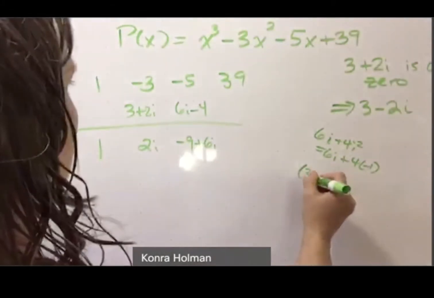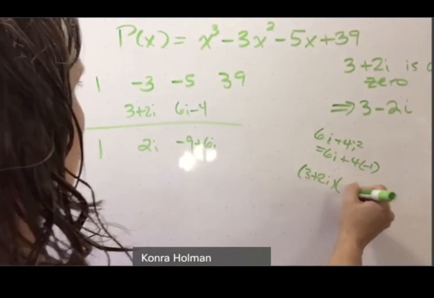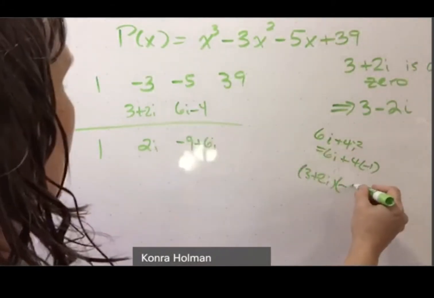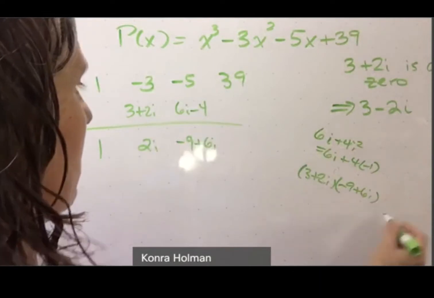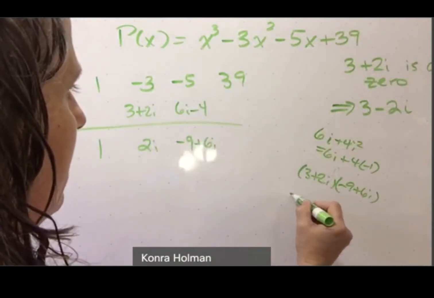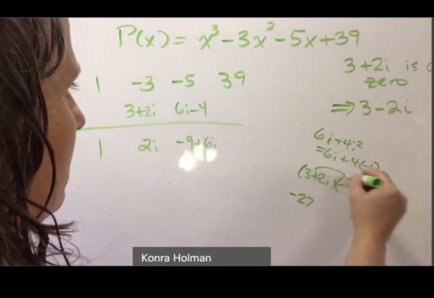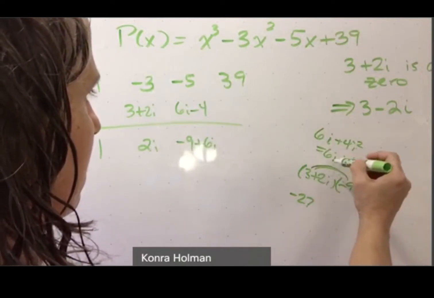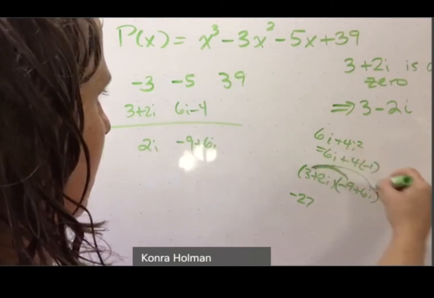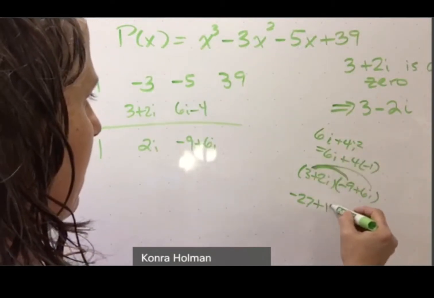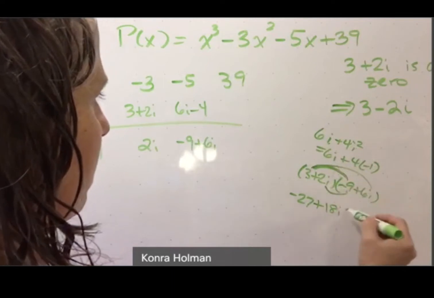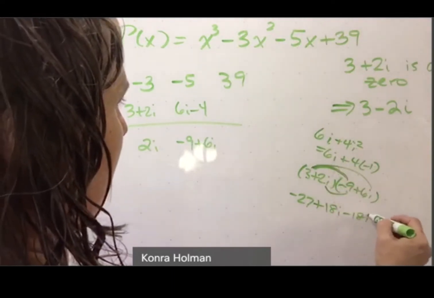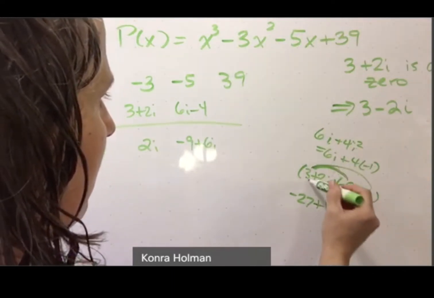So now I got 3 plus 2i. Maybe I didn't want to do this. Maybe it was easier to do it the other way. -9 plus 6i. So I've got -27. And I've got first and then outer 18i. And then inner -18i. And then last.